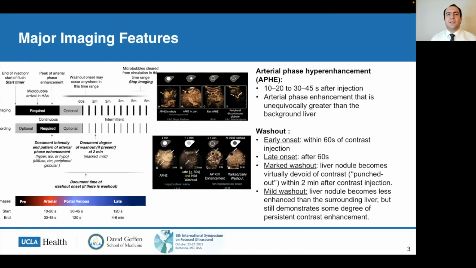Arterial phase hyperenhancement is defined as enhancement greater than background in the arterial phase, and washout is a temporal reduction in enhancement in the portal venous phase or late phase. Timing and quality of washout are important.